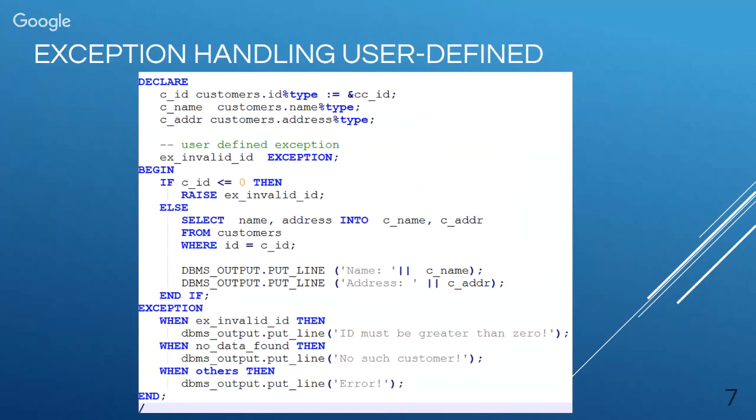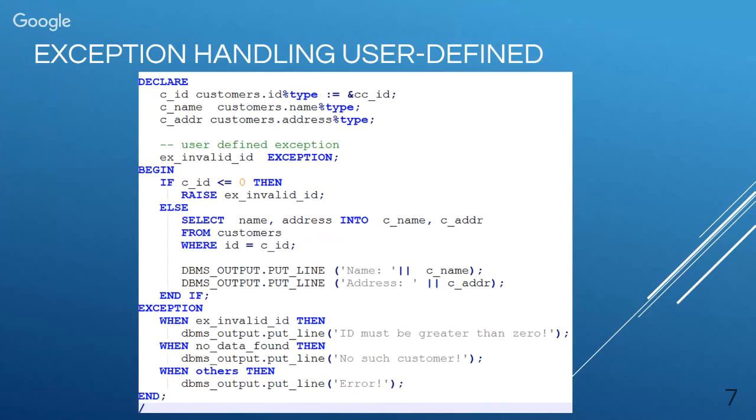If we don't catch the exception, we are going to go on with the program, which is going to select name and address from the customer table, and then print out the name and the address. But what if we raise the exception? That's where we have the end if, and when we have the invalid exception, then we are going to print something like, it must be greater than 0. But we don't have any data there. We are going to print something like, no such customer.